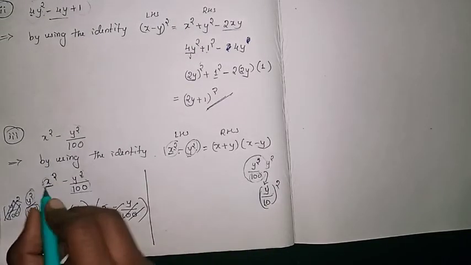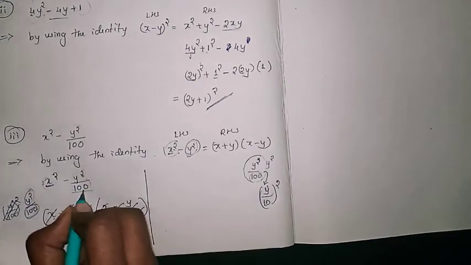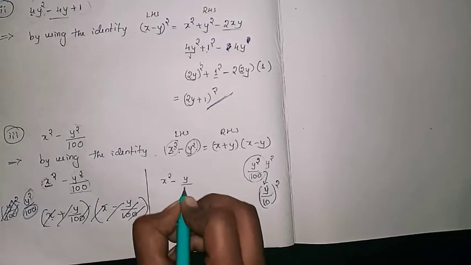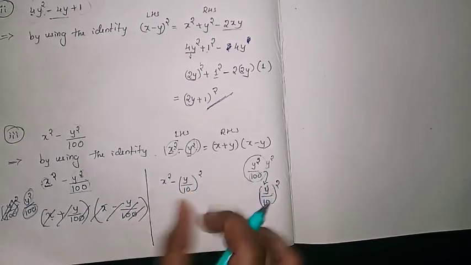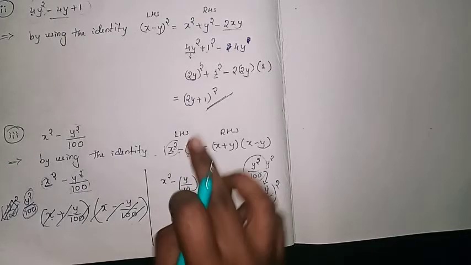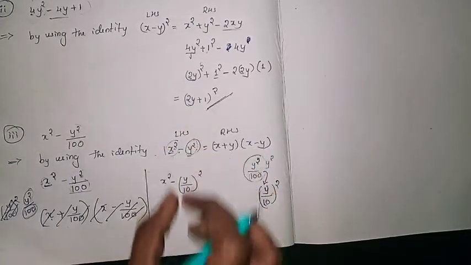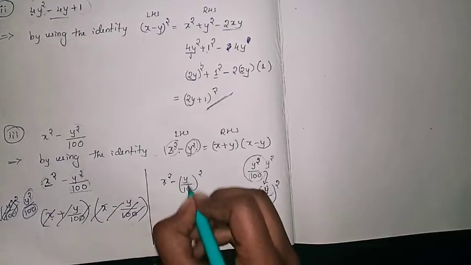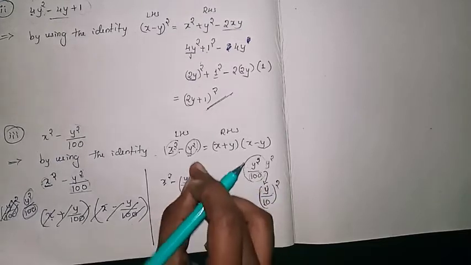So what is our equation? x square minus y square divided by 100. We are converting that one as x square minus y divided by 10 whole raised to square. Now why have I converted? Because to get a perfect LHS side. So now you can observe it is x square minus of y divided by 10 is the y term whole raised to square.